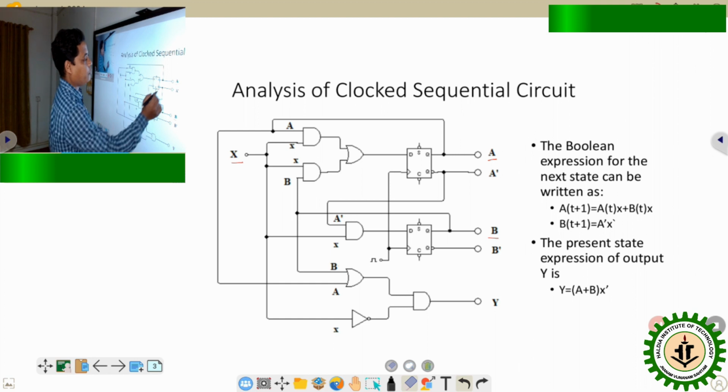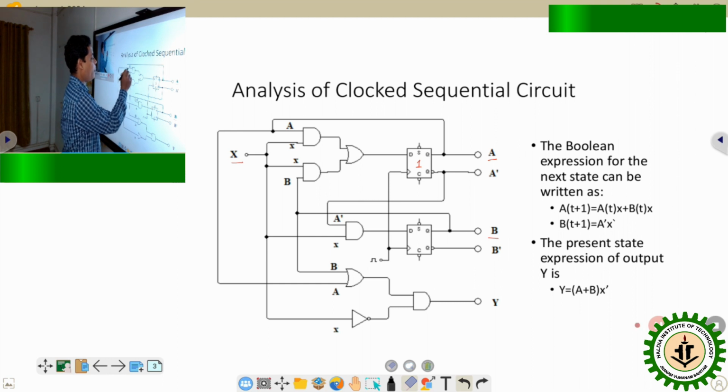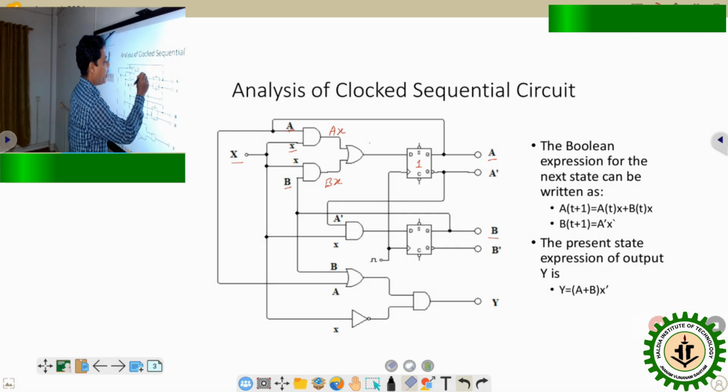So to find the next state expression, here we can observe that the first D flip-flop input is given from the previous state A and the input X, as well as the previous state B of the second flip-flop. Here we can write the output of this AND gate is AX. Similarly, the output of this AND gate is BX. So the OR gate output will be AX plus BX.